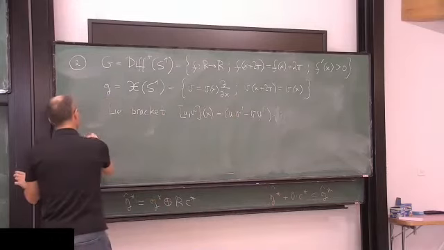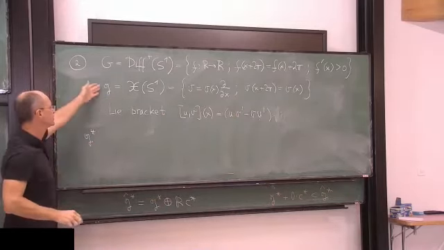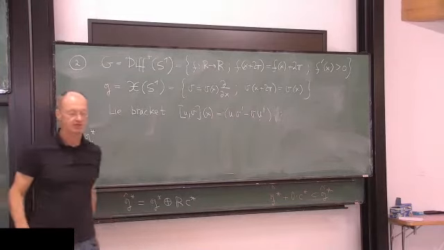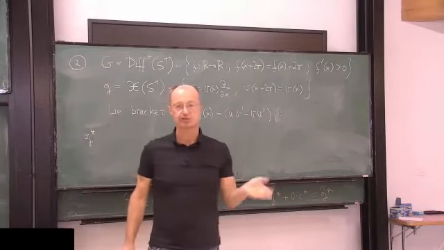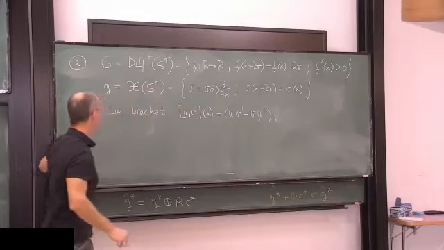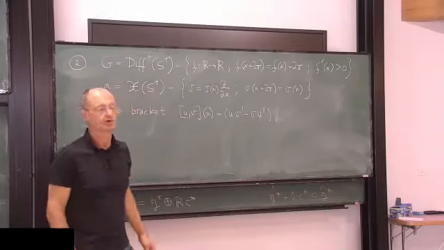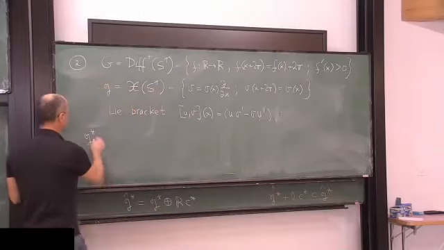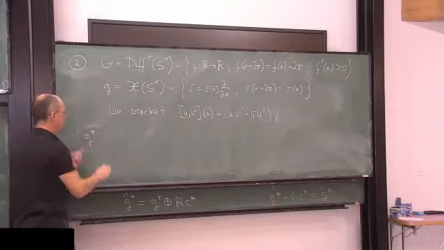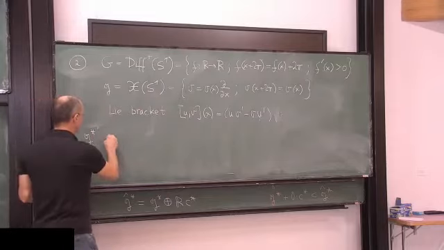Now we need some model for G star. Of course, this is an infinite dimensional space. If I do it properly, I should introduce some topology on it and then define G star, but instead we'll be dealing with some kind of smooth piece of G star. So what I denote by G star, that's a piece of the real dual to that vector space.